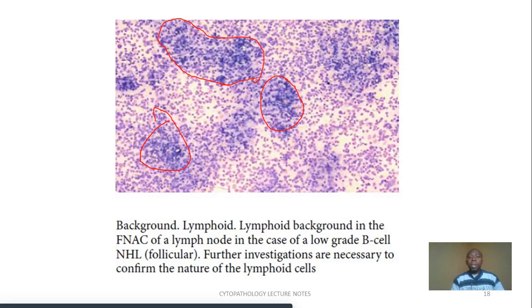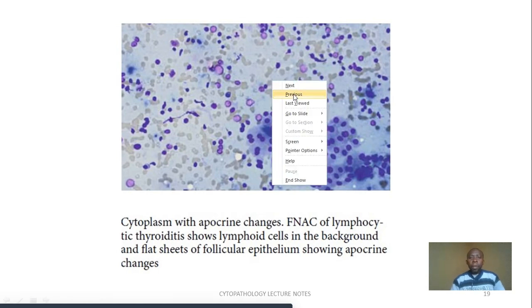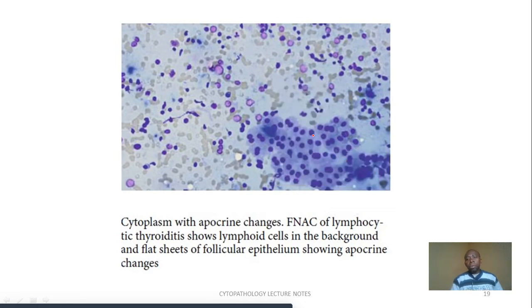They could appear in clusters, or they may appear singly, but this is a typical lymphoid background. So when you get to cytology, which is in line with what we are talking about, we can now appreciate the lymphoid appearance of the background in this case.